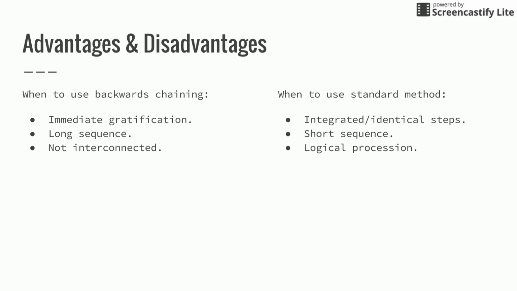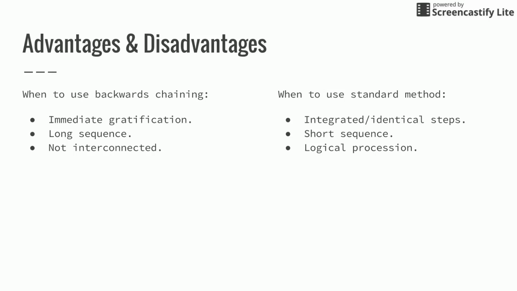But the thing is, it's not always the right choice. You want to use the standard method of starting at the beginning, going through the middle, and stopping at the end if the steps flow into each other, or if you have to do step 1 in order to understand and complete step 2, in order to understand and complete step 3, or if it's just not a very long sequence.